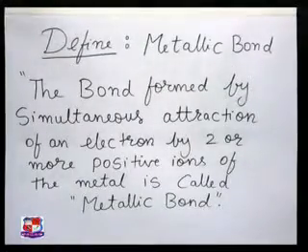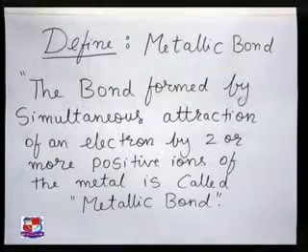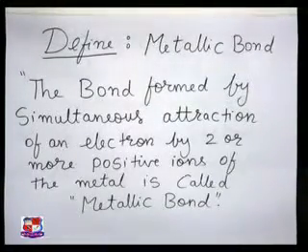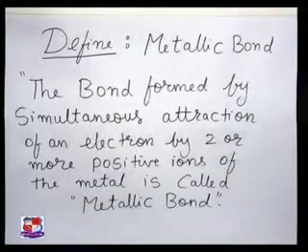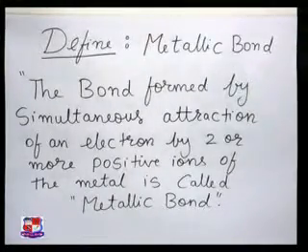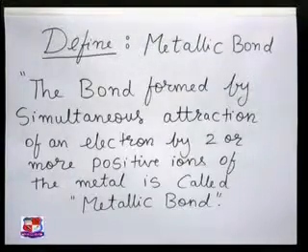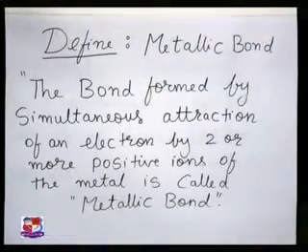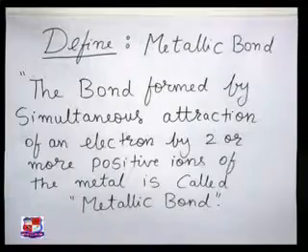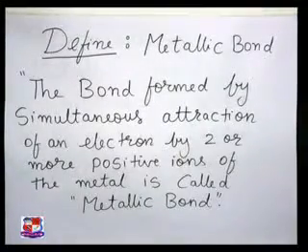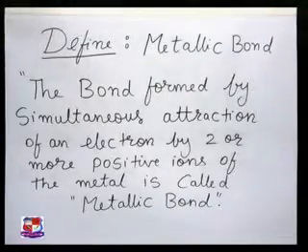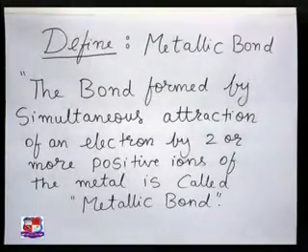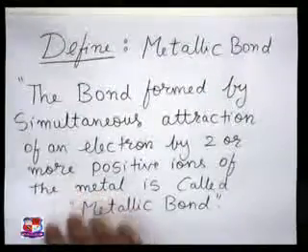Once again I will repeat: a metallic bond is formed by simultaneous attraction of an electron by two or more positive ions of a metal. So it is very clear that your electrons are continuously interacting with your positive charges, that is your kernels.